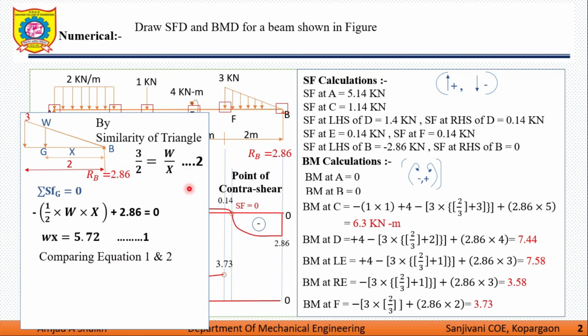So if I compare equation number 1 and equation number 2, I get the value of X is equal to 1.95 from point B, and W is equal to 2.92. So this is the needed calculation for determination of bending moment at point G. So this is the distance X. This is the load 2.92 kilonewton.